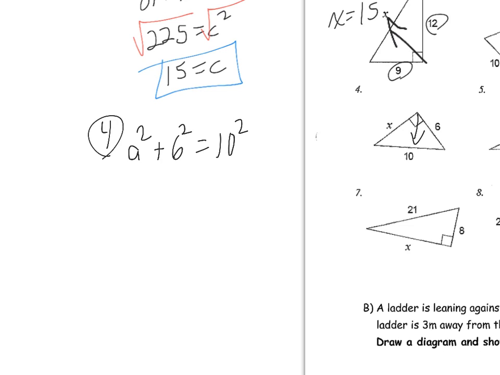Now, that's the initial setup. Some of you have probably had teachers in the past tell you that if you're missing a side, to set it up differently. And for me, that's one more thing to remember, and it seems silly to remember to set it up that way when you guys know how to solve equations. Alright?